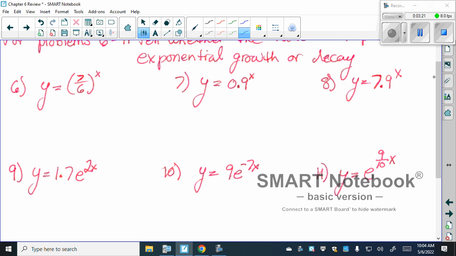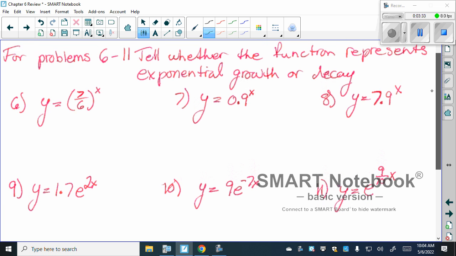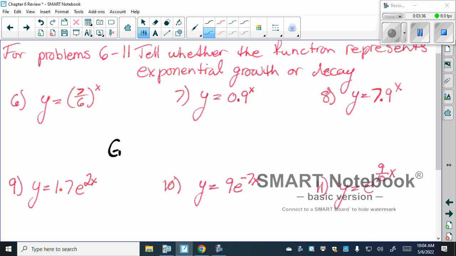6 through 11, determine whether each of the following is exponential growth or exponential decay. Well, for the first set here, for 6 through 8, we determined it's growth if b is greater than 1.